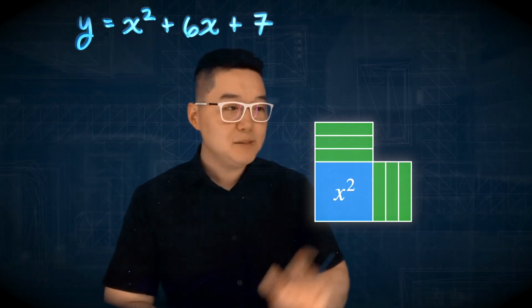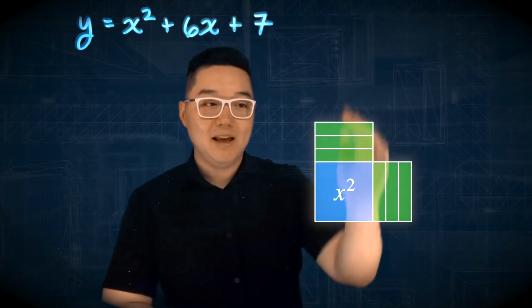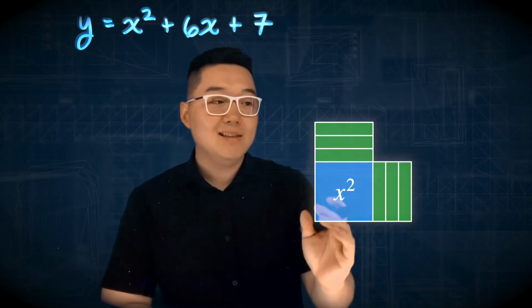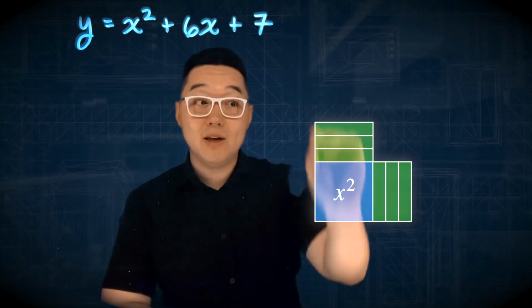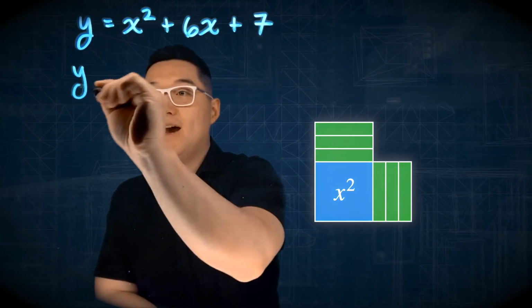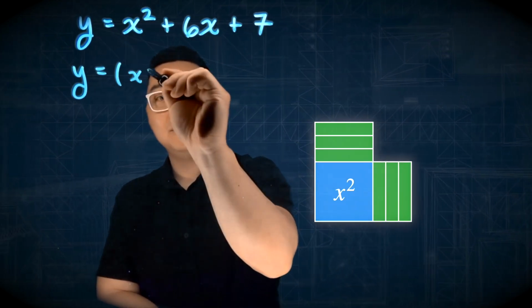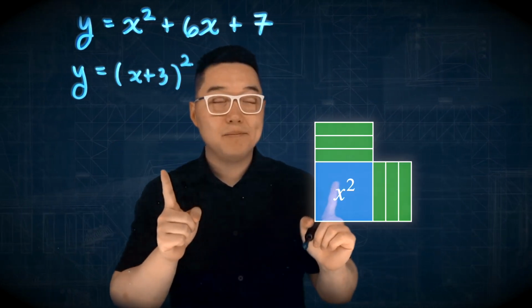Just by looking at this, without finishing the square, we can already see what the length and the width should be. The length should be x plus 3, times the width of another x plus 3. So we have y equals x plus 3 times another x plus 3.